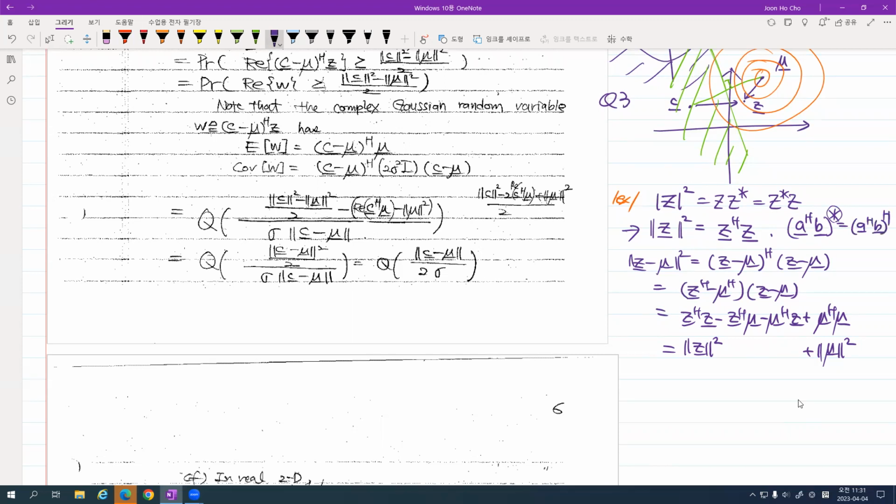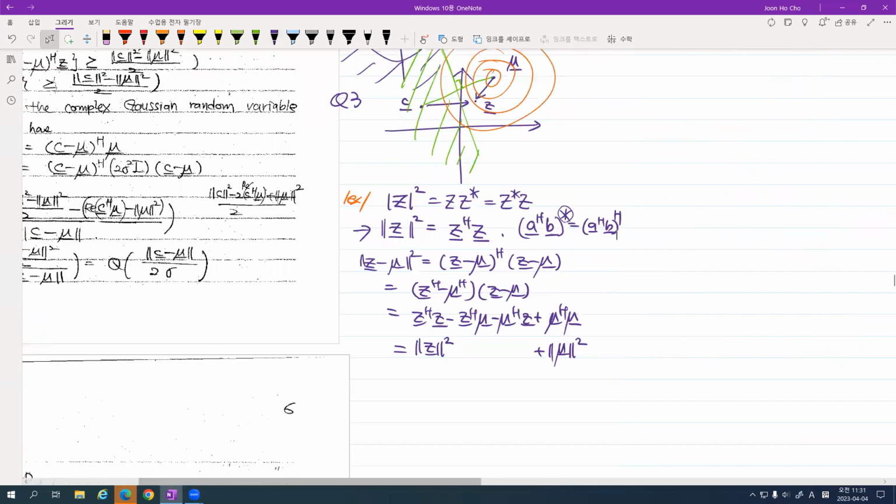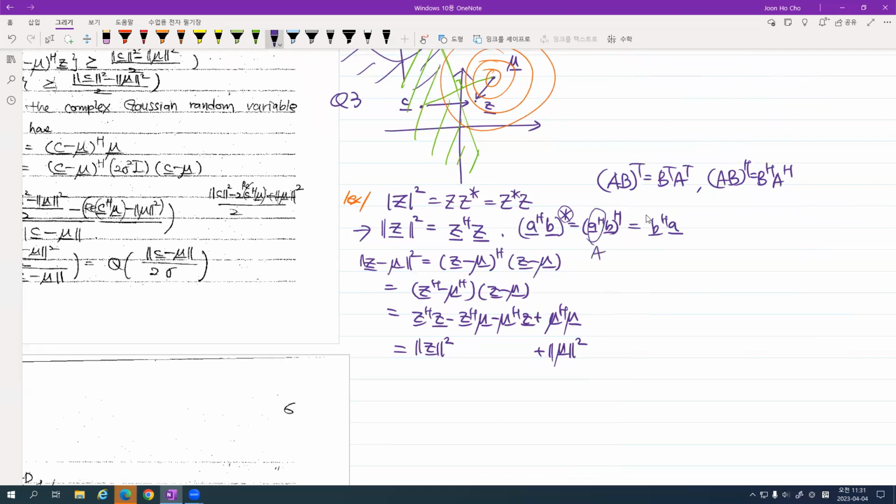As you learned in linear algebra, (AB) transpose equals B transpose A transpose. Similarly, (AB) Hermitian transposition is B Hermitian transposition A Hermitian transposition. So here, the difference is that this is A and that is B. Got it?